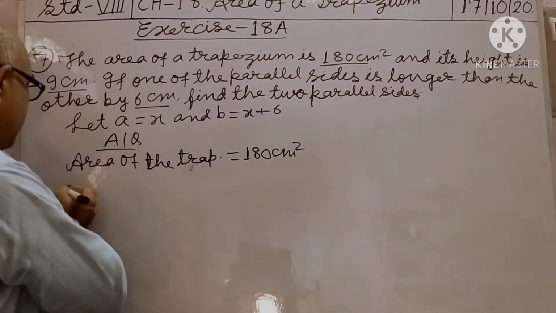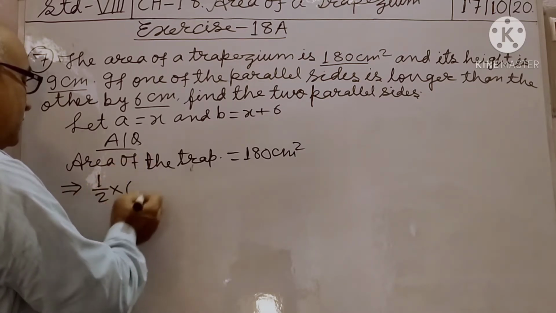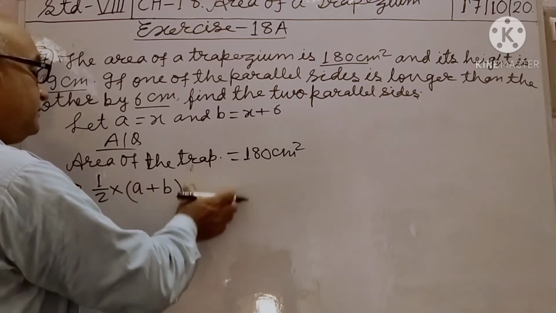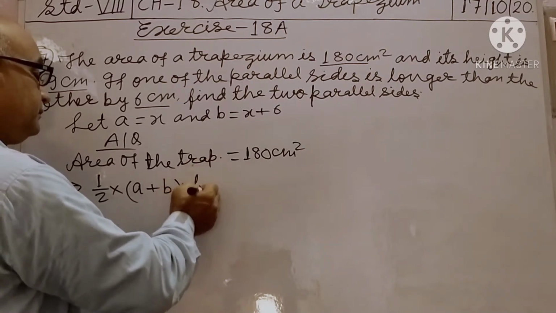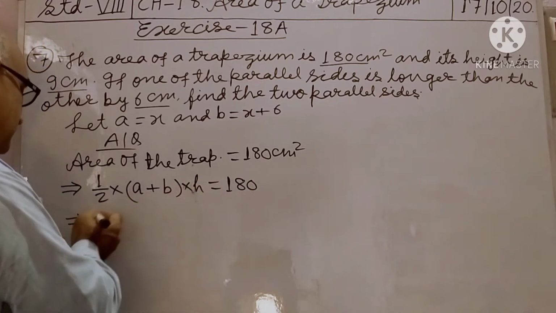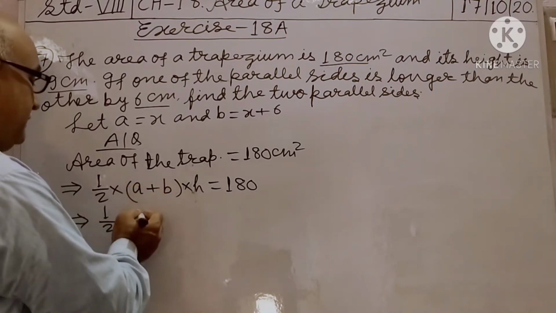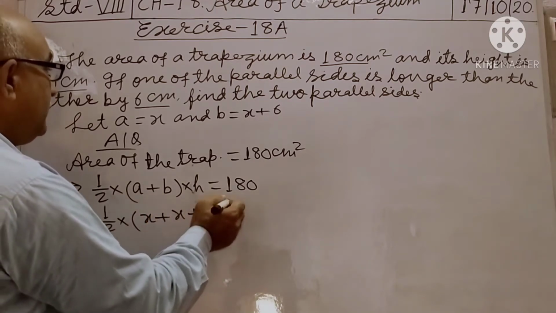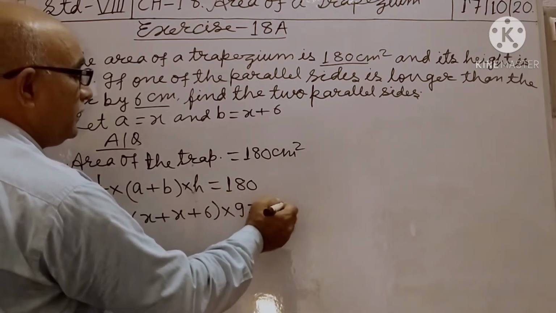180 cm square. That implies formula is 1 by 2 into sum of parallel sides, so A plus B into H equal to 180. 1 by 2 into A is x and B is x plus 6 into H is 9 cm equal to 180.